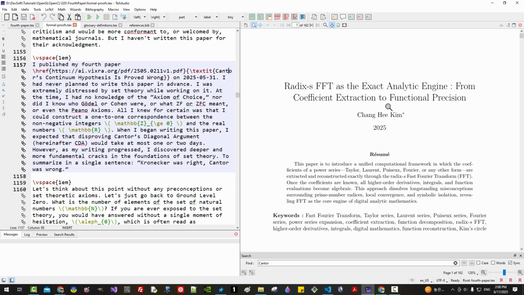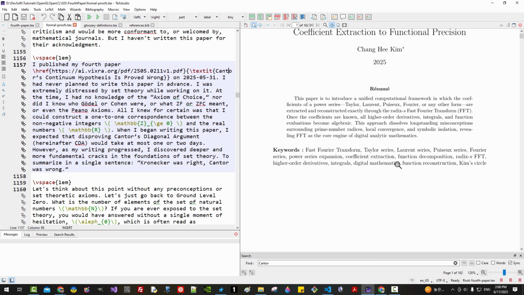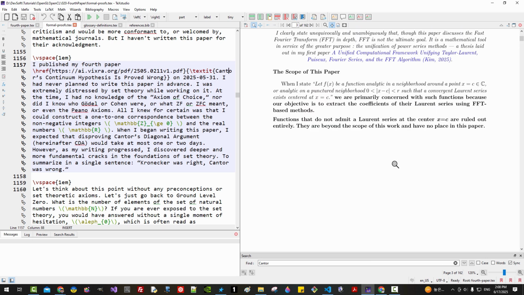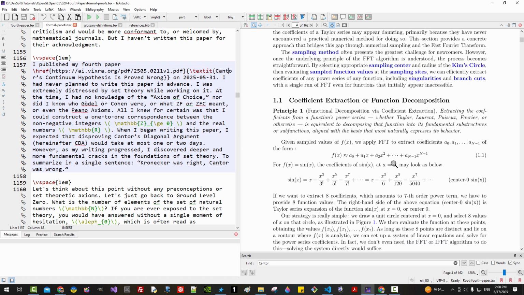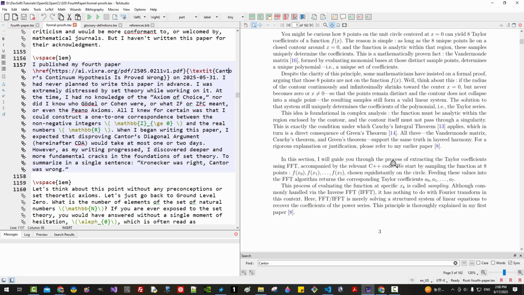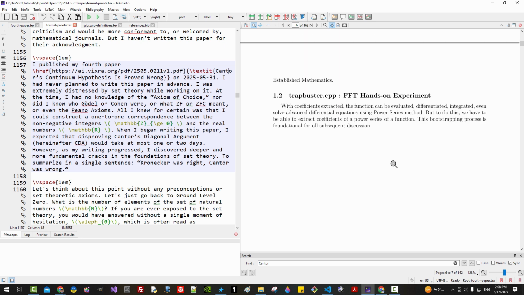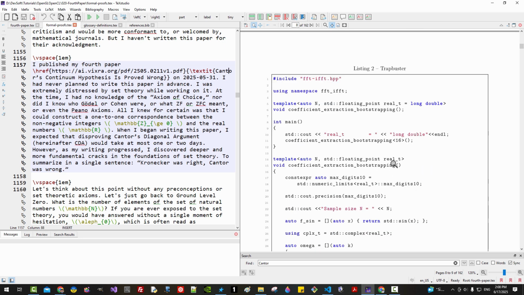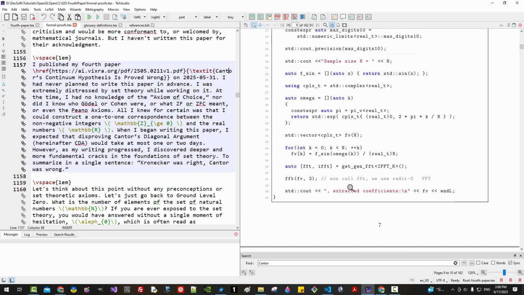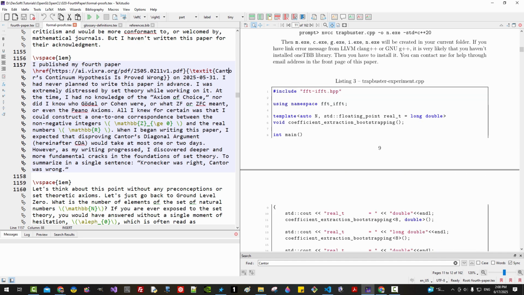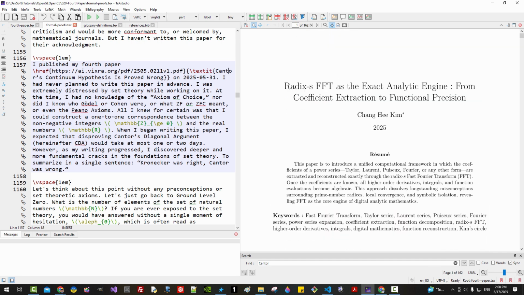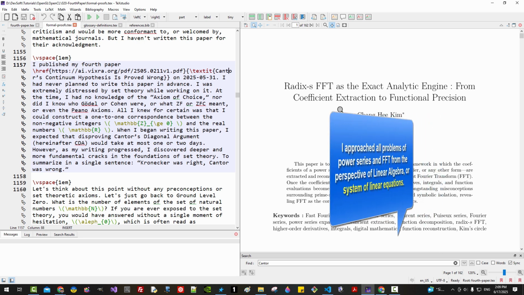In this paper, it is not a resume, it is an abstract. I explain all the details, all the mathematical background, along with C++ experiments. While preparing this paper, I used linear algebra.